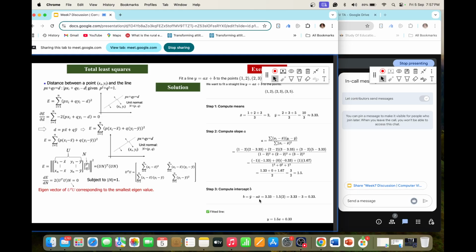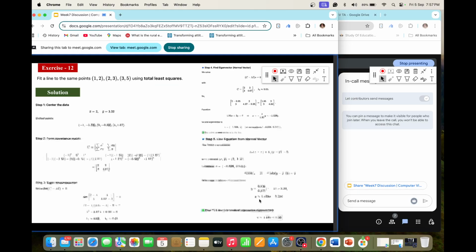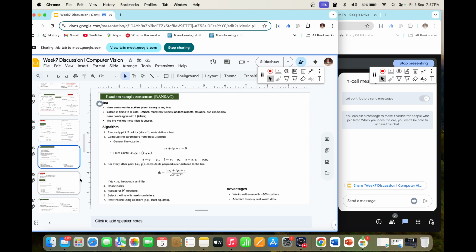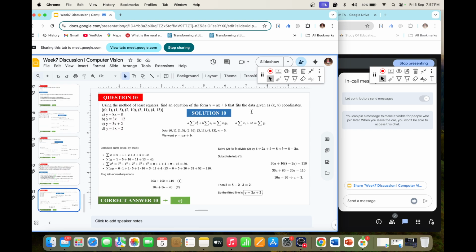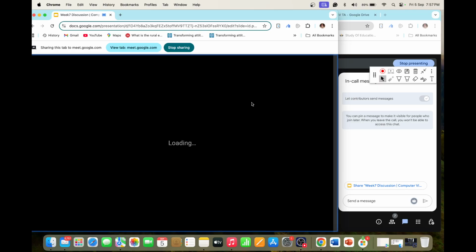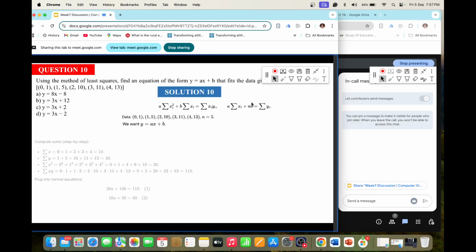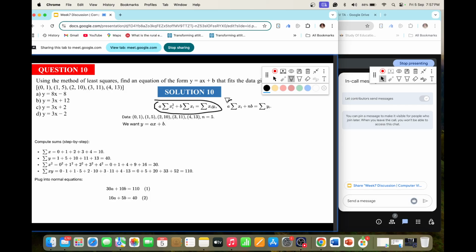Either you can calculate from this, or you can calculate from the next method that has been shown in this problem. In this method, you have to memorize these two equations, and once you memorize them, you can just put the values in.